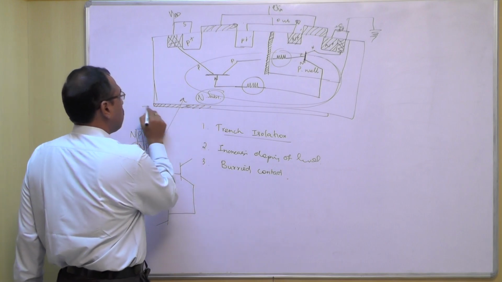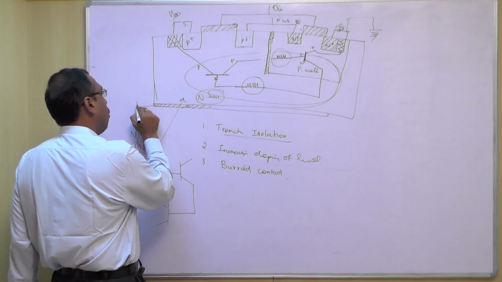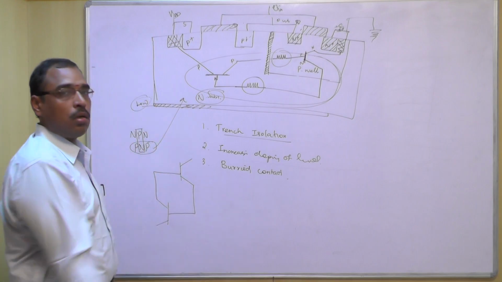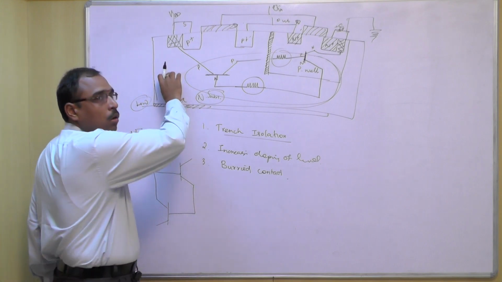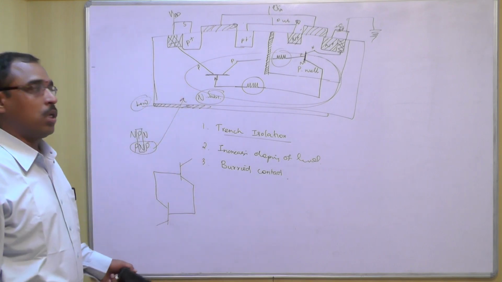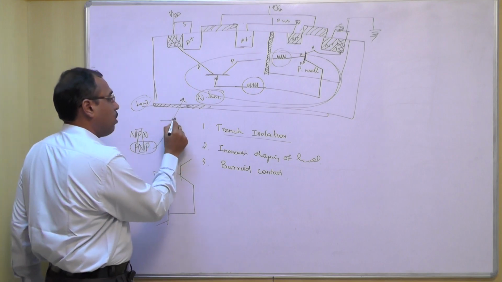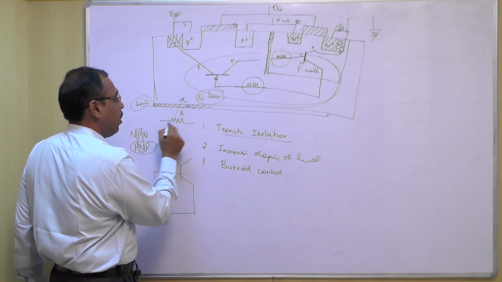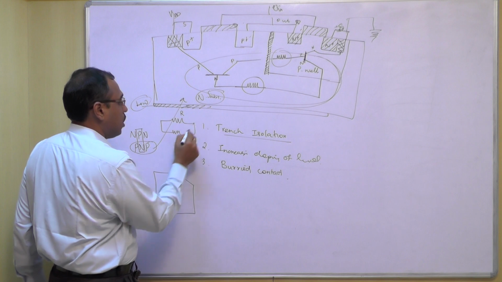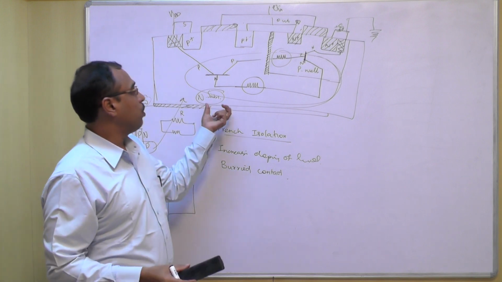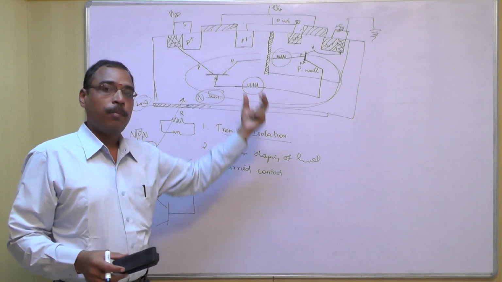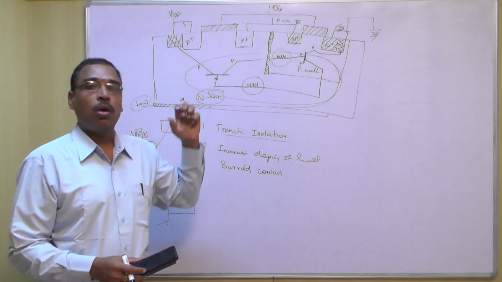This bottom of the substrate becomes very low resistance because it is highly concentrated, and it is coupled in parallel to the low doping, higher resistance substrate. If you put a high resistance in parallel with a small resistance, the net resistance becomes very low. So this buried contact makes the substrate resistance lower.